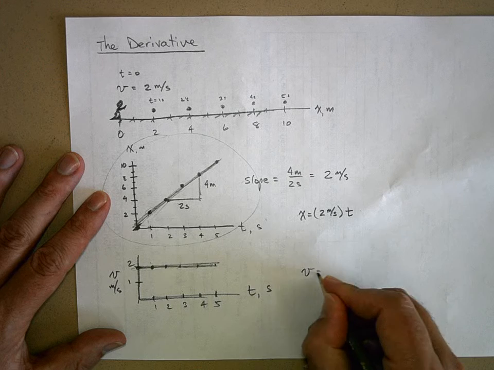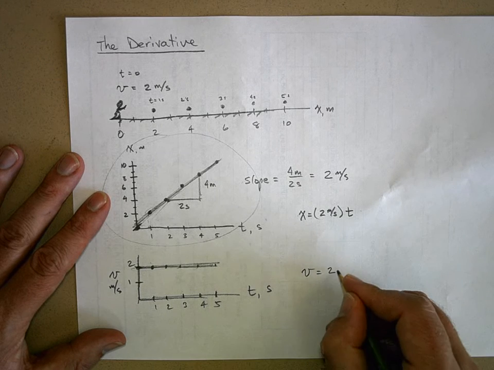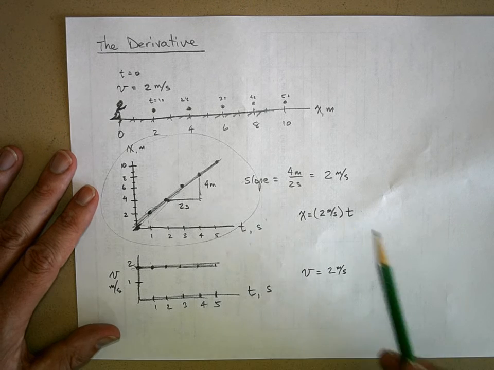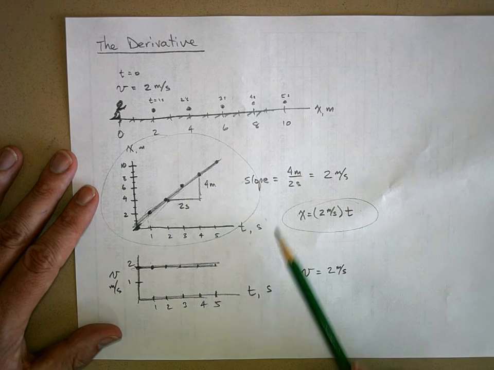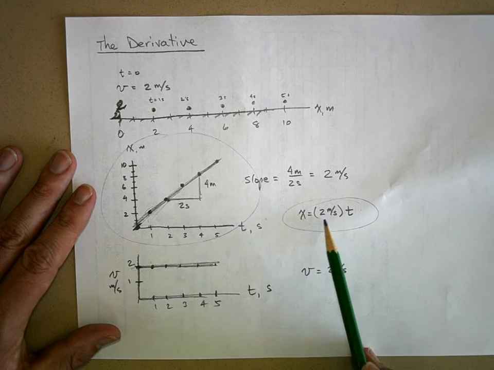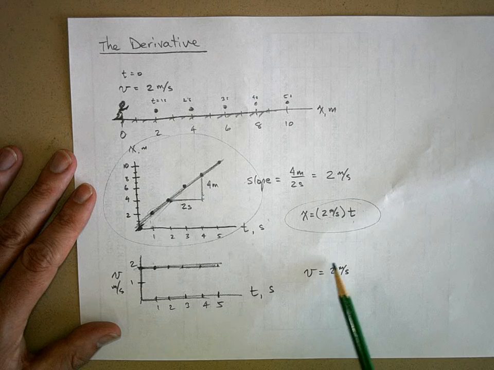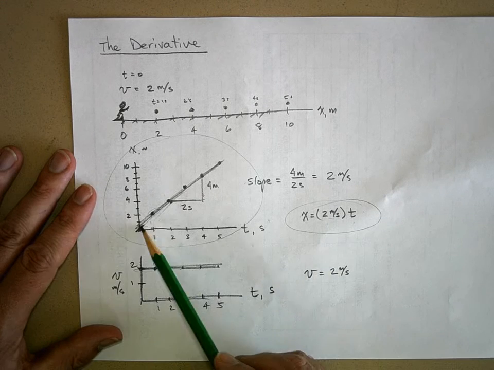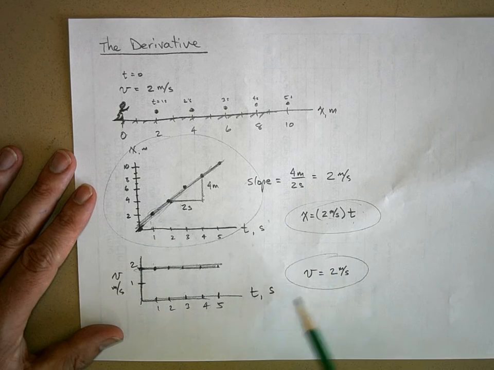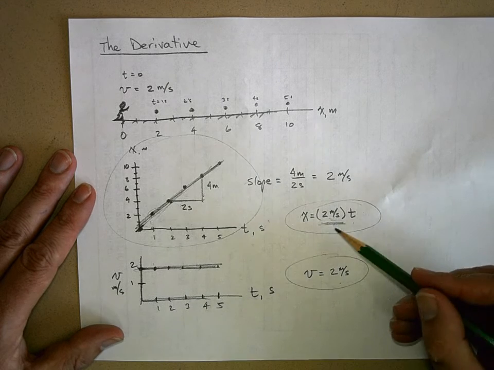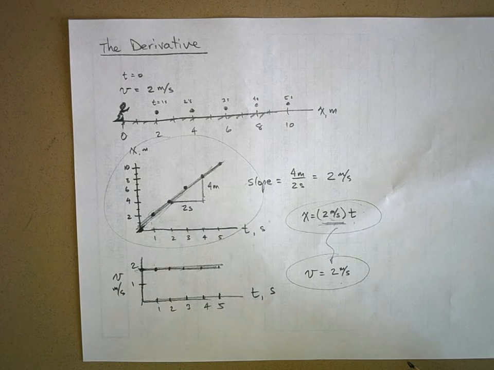Yeah, velocity is equal to 2 meters per second. So notice here, look what I've got. Position is 2 meters per second times time. Then the slope of this is 2. So notice that I kept this and it came down here. Now that's going to be something that we're going to deal with.